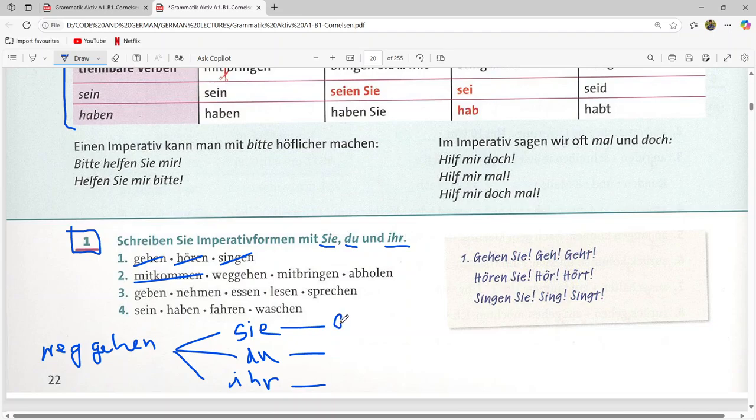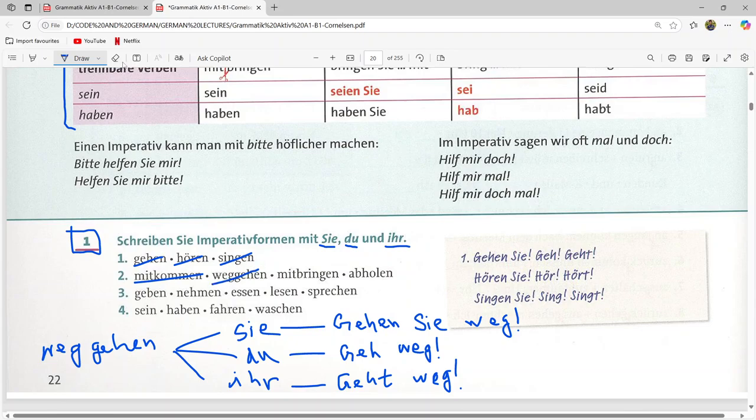So gehen Sie weg. Then the du form will be geh weg, and in the er form it will be geht weg. Okay.